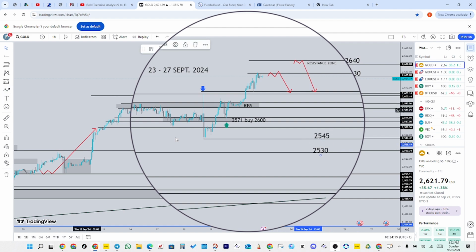Let's just take note of this. So this is our support area, the support zone. Let's work with these figures, and then with the resistance we work with these ones.